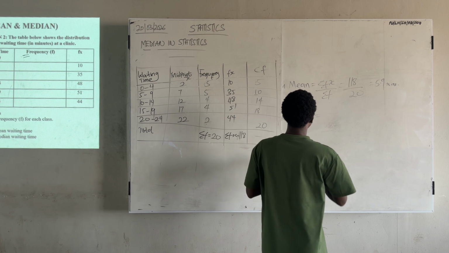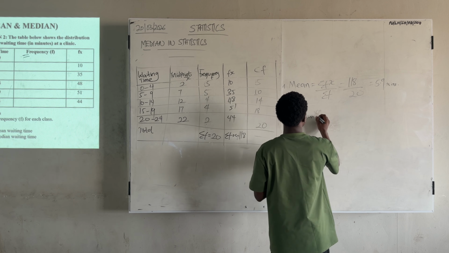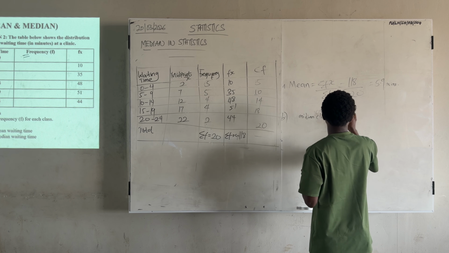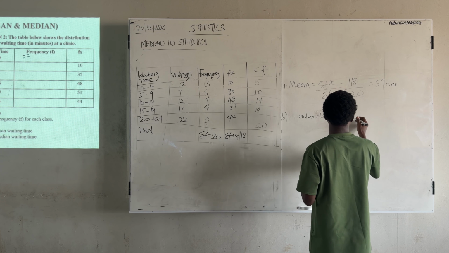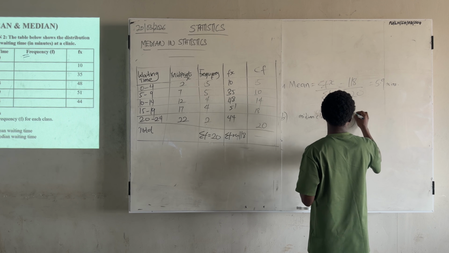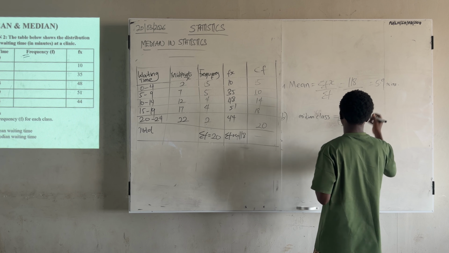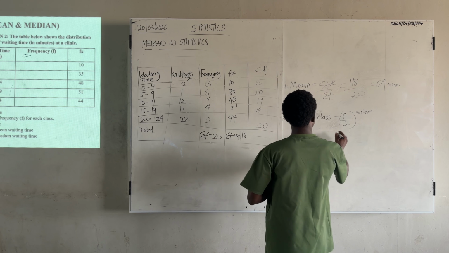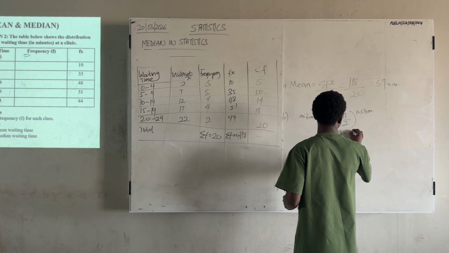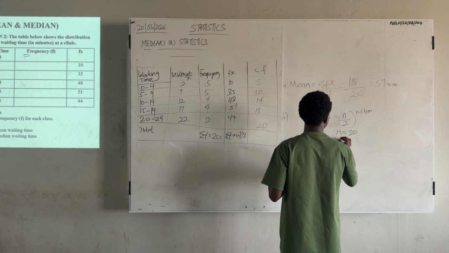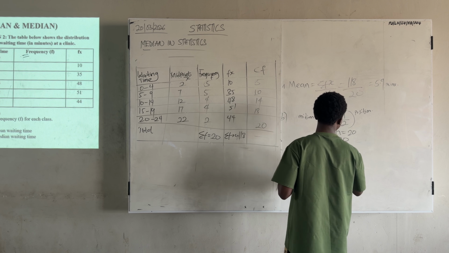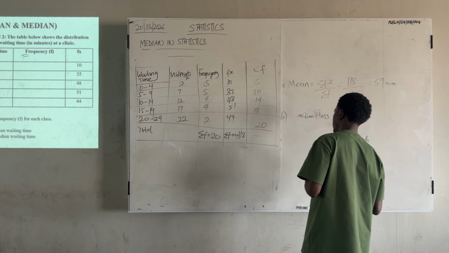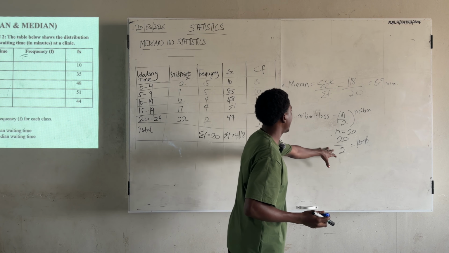The median class is the n over 2 position. N is equal to 20, so 20 over 2 position. That is the 10th position.